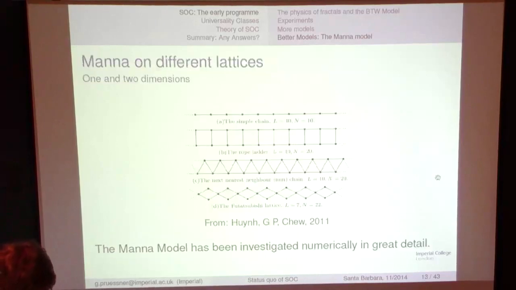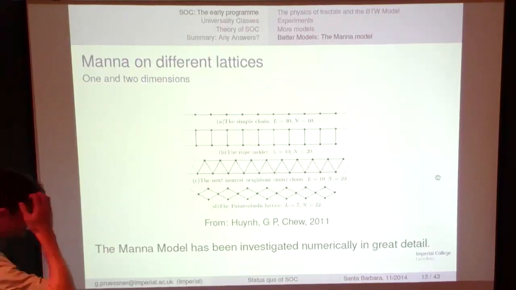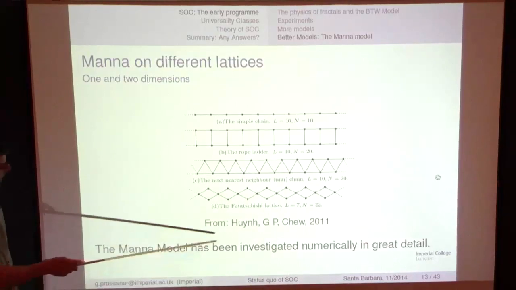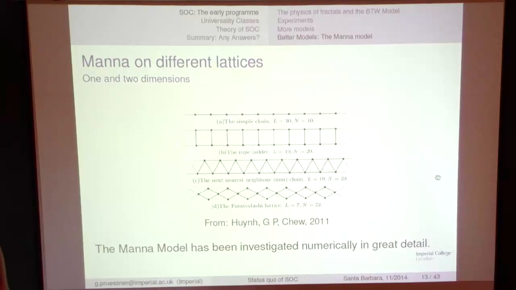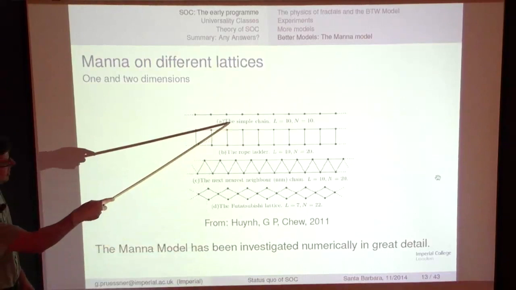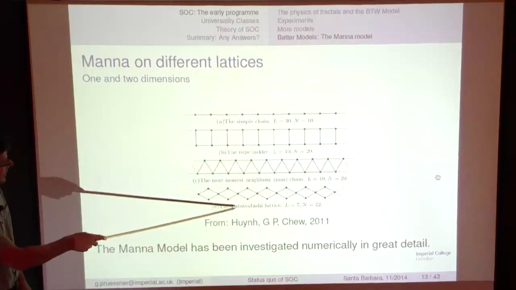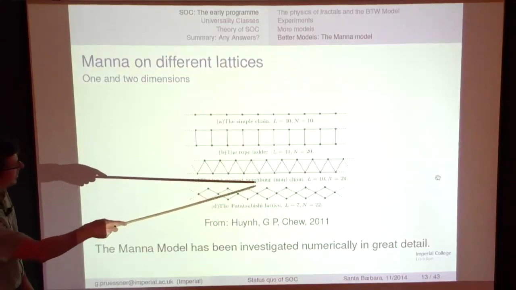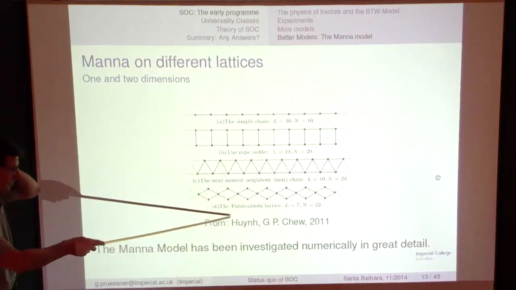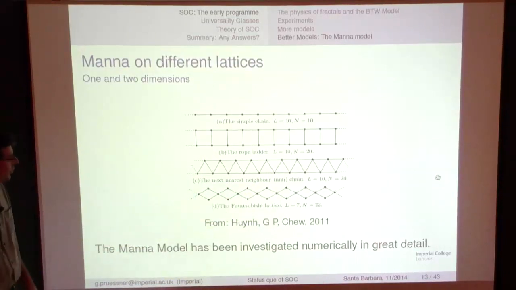Okay, so a couple of years ago, I met Nguyen Huyen, and we decided to run a large-scale computer simulation on different lattices. So we did computer experiments on the simple chain, the rope ladder, the nearest neighbor chain, the Futatsubishi lattice.